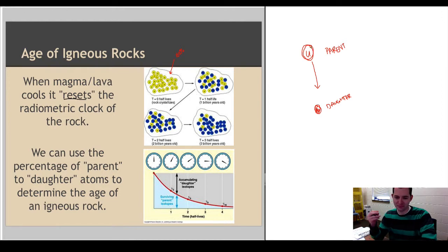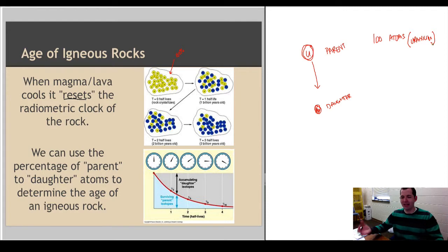And if we look at uranium atoms of this particular type, they have what we call a half-life. Now what that means is, say we have 100 uranium atoms to start out. These atoms will, at random times, randomly change into the daughter atom.